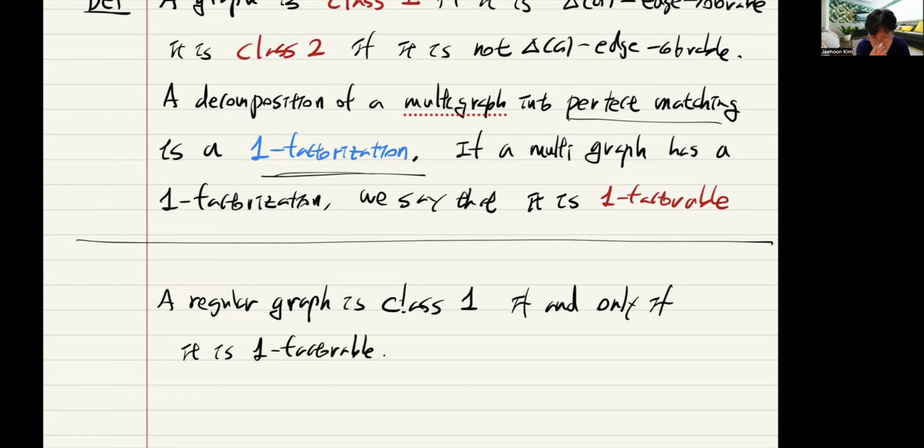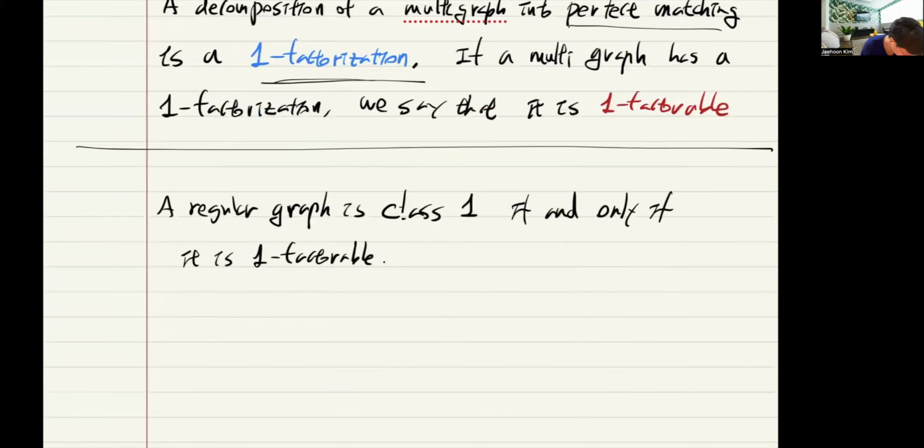So if you have an R-regular graph that can be colored with R colors, then every vertex is adjacent to all R colors. So each color class gives you not only a matching, but also a perfect matching. So it is a one-factorization.